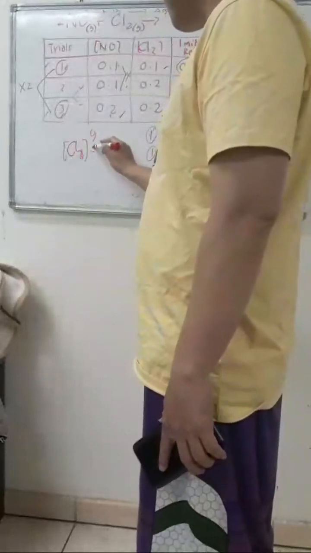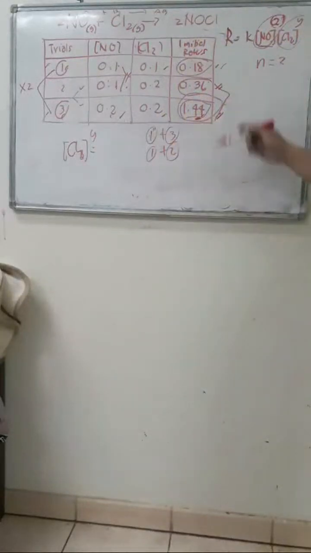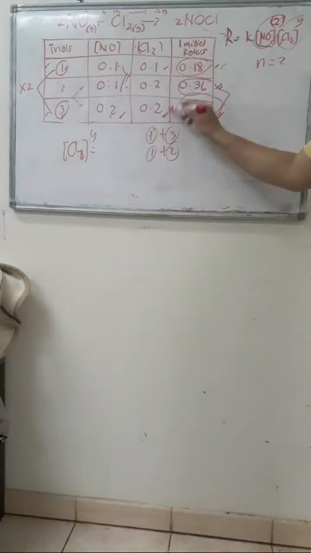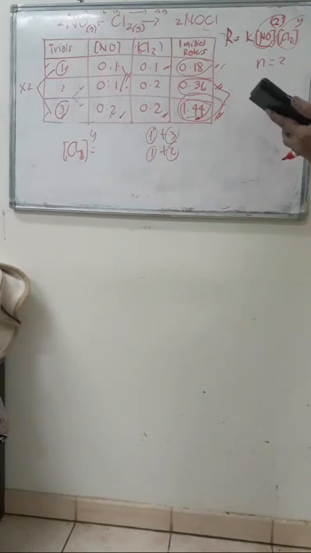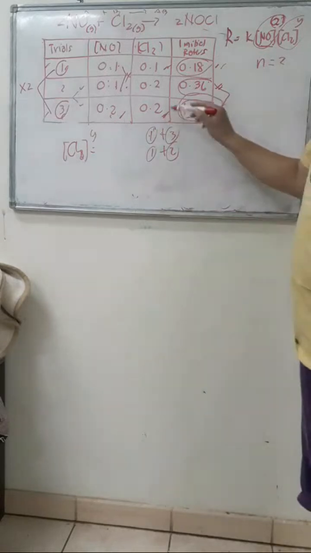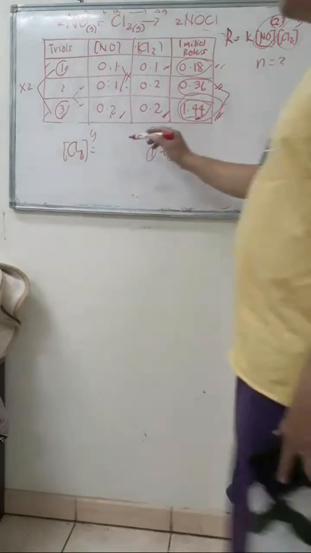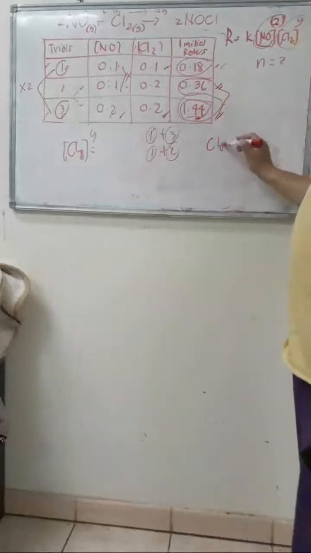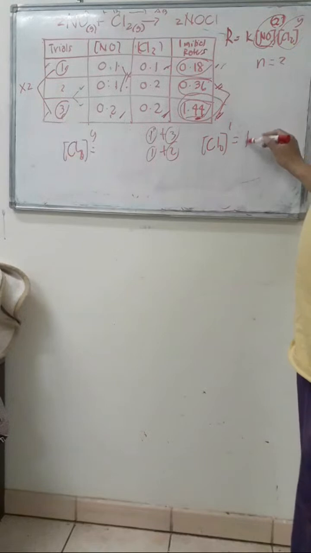Okay, now go to your concentration. If you multiply your concentration, let's try first 1 and 3, this one. If you multiply by 2, it will become 0.2. Okay, multiply by 2. Now we try first order first. Cl2 raised to the power 1 is equal to your initial rate factor.